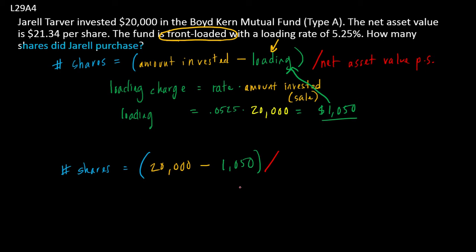They tell us the net asset value is $21.34. So from here, it's just a matter of simplification. And we find that the number of shares purchased is 888 and no change. So again, that's 888.